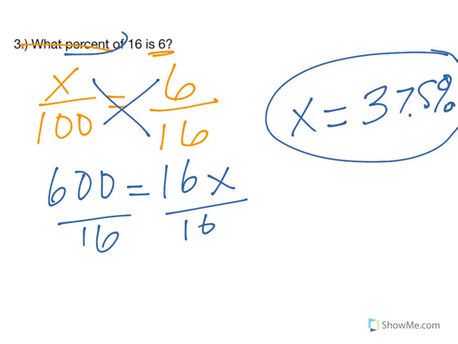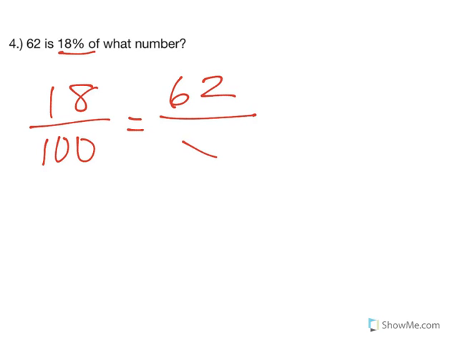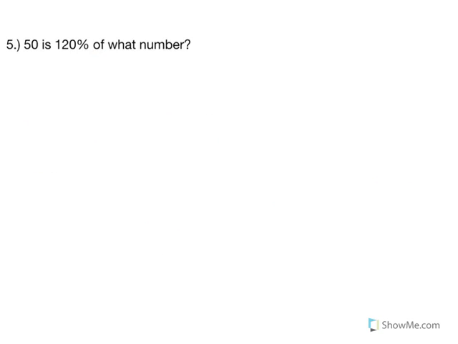Don't forget your percent sign on that, because remember originally they asked for a percent. Number 4, 62 is 18% of what number? 18%, percent over 100. 62 is, cross multiply and divide, and x is 344.44.